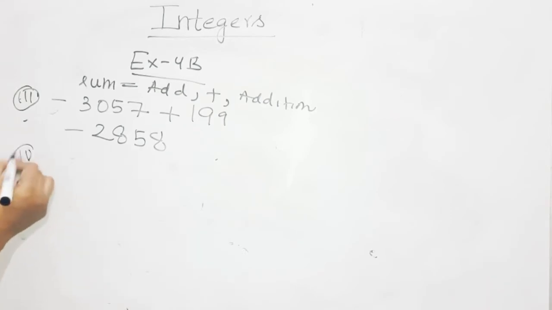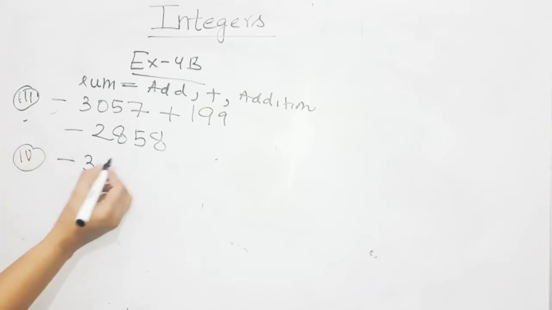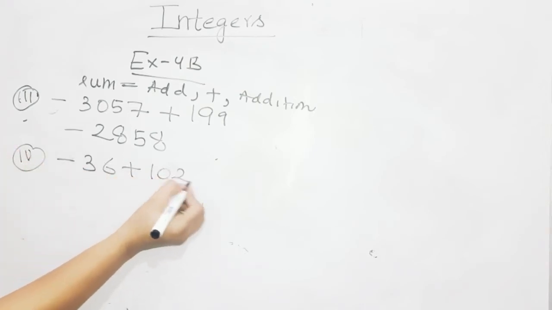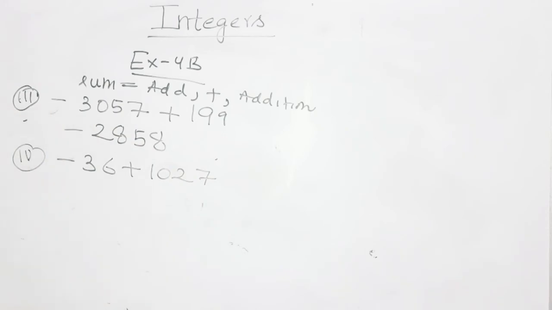Now coming to option number 4. Option number 4 is minus 36 and 1027. Minus 36 plus 1027. One is positive, one is negative, and the greater number has which sign? Positive sign. So we have to subtract. 1027 minus 36, what will be the answer?